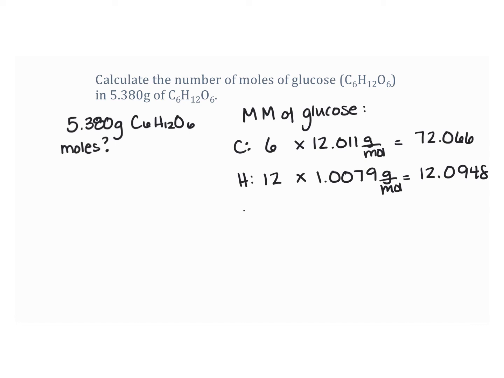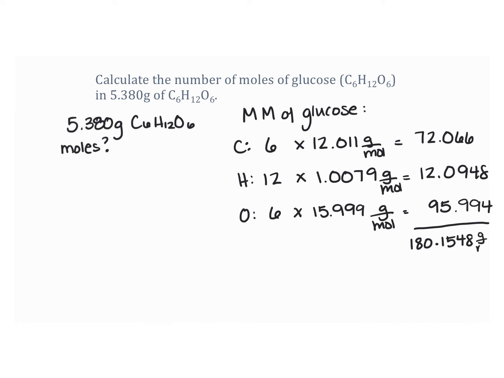And then for oxygen, there's 6 of them times 15.999 grams per mole. And so when you look at that, that's 95.994.